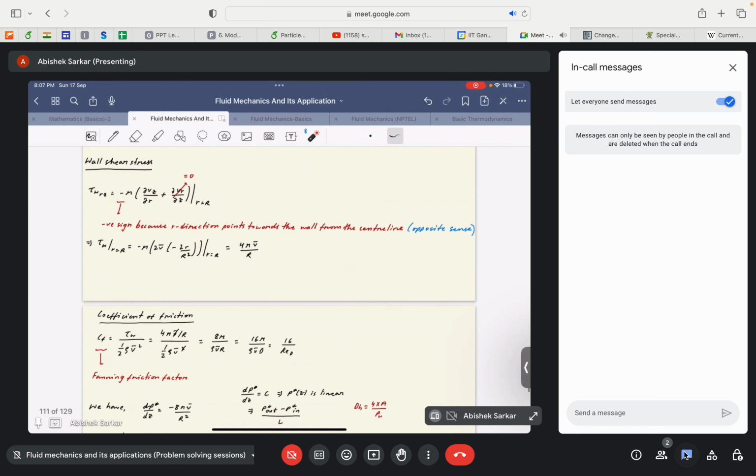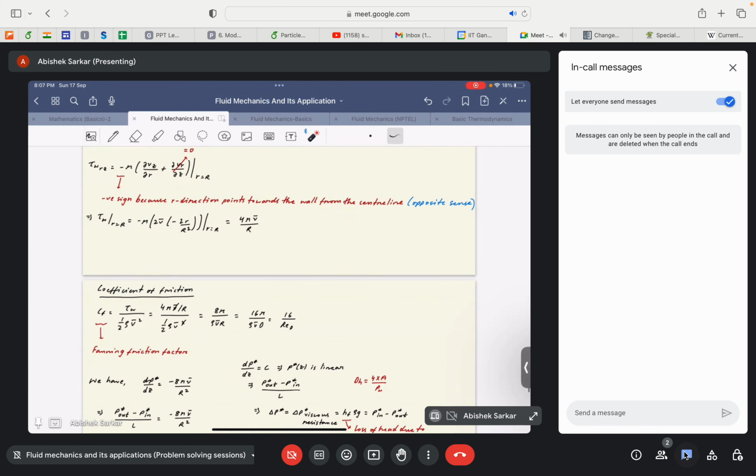Okay, so again we need to determine the coefficient of friction, right? So the coefficient of friction can be defined by the ratio of the shear stress by the kinetic energy per unit volume.